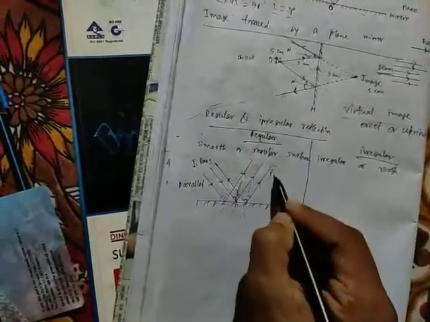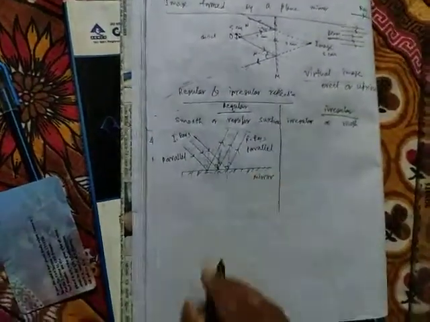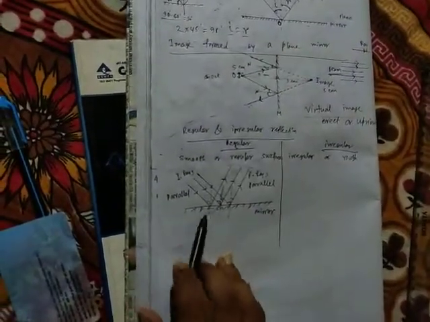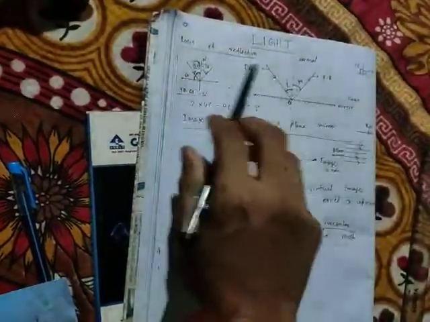So these are the reflected rays. Incident rays are parallel, reflected rays are also parallel, and regular reflection obeys the laws of reflection. The incident angle must be equal to the reflected angle. Clear?